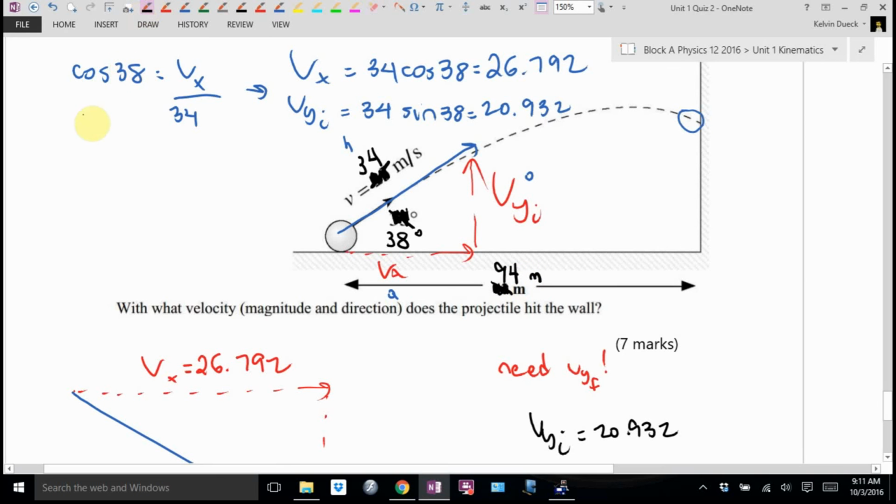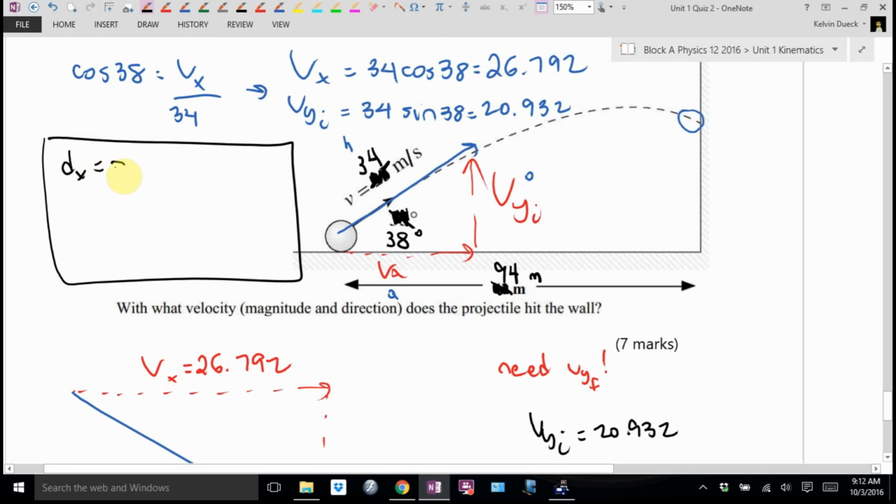I think what I can do up here is I can say, hey, wait a minute, dx equals 94, Vx equals 26.792. I think I can go dx equals Vx t.